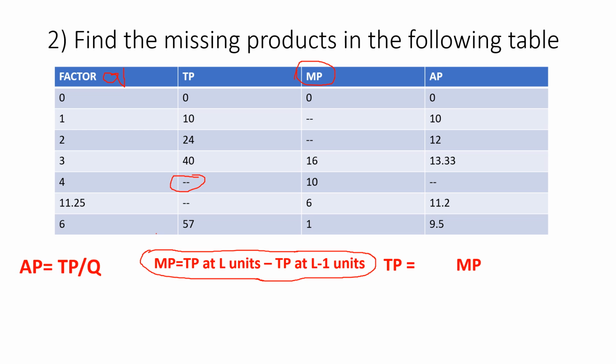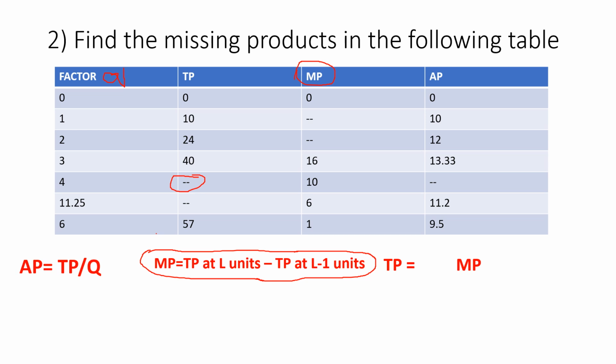For those who find this formula very complicated, I'll make it easy. See, TP at L units minus TP at L minus 1 units. Now, in the marginal product calculation, at 0 quantity TP is 0 and MP is 0, that they have filled already. Second one we have to calculate.